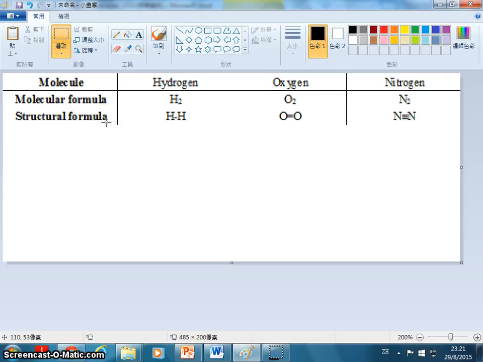That is the usual order. From previous discussion, we know that hydrogen is sharing one electron with another hydrogen, so you have a single bond. Oxygen has to share two electrons with another oxygen to become octet, so double bond. Nitrogen needs three more electrons to become octet, so that's why it's a triple bond. So that's how structural formula works.